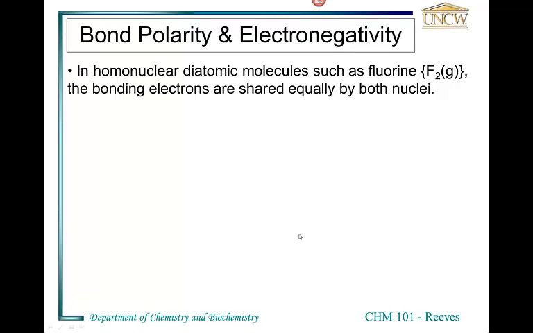Now, the atoms that are bonded together don't necessarily share the electrons equally. In fact, the only time that two atoms involved in a bond share the electrons equally is if it's a homonuclear molecule, that is, only one kind of atom.